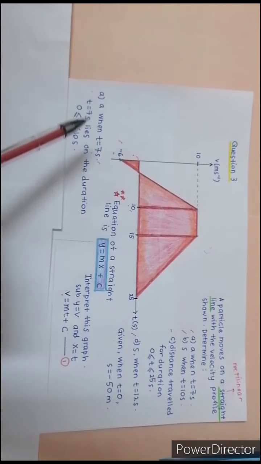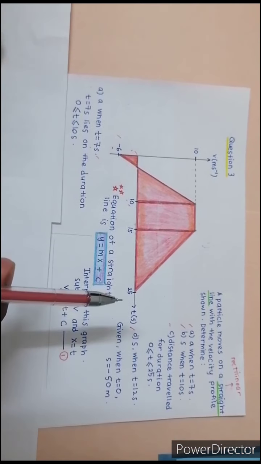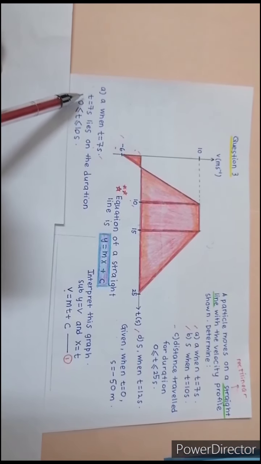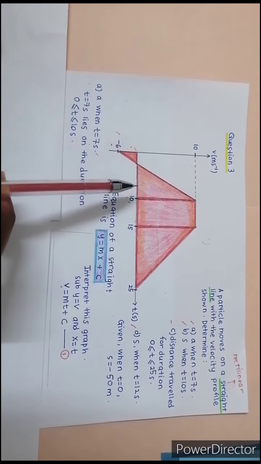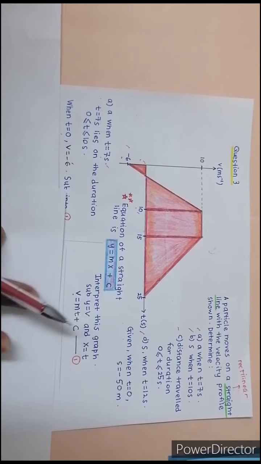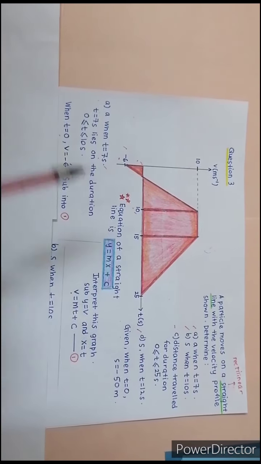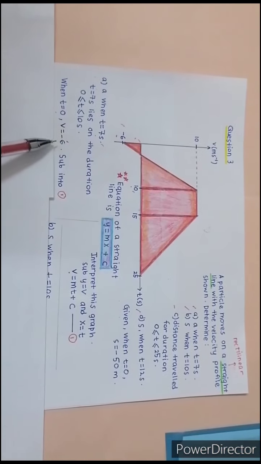For question A, we need to find the acceleration when t equals 7 seconds. So t equals 7 seconds lies in the duration of 0 to 10 seconds. When t equals 0 seconds, v equals negative 6.